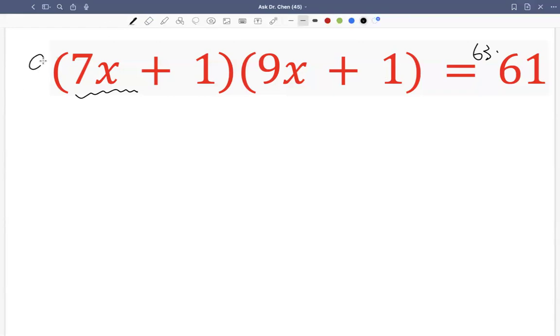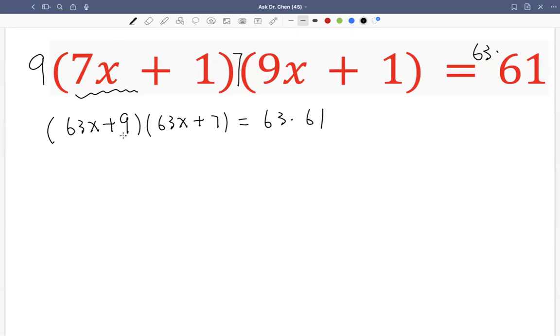And we want to multiply this factor by 9. And we want to multiply this factor by 7. So 7 times 9 get 63x plus 1 times 9. Then multiply by 7 times 9x, 63x, then plus 7. Right? 7 times 1 is 7. Then that equals 63 times 61.